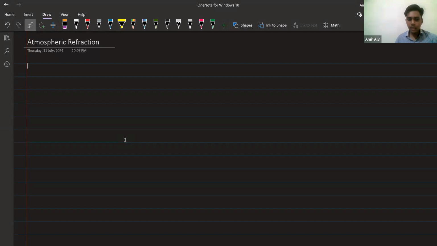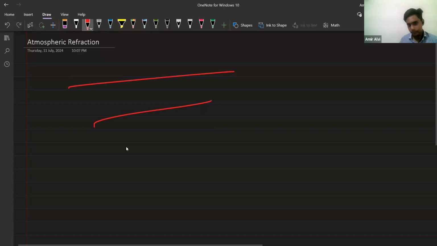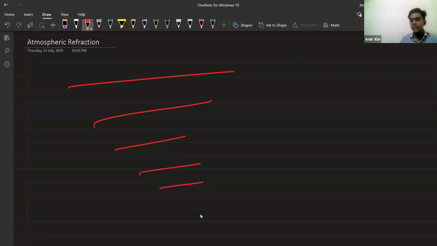Yeah. Sure, that's good. Okay, now let's understand what basically atmospheric refraction is. You must have heard about this. Let me draw something. Suppose this is the atmosphere. Our atmosphere has many layers. I don't know the proper sequence of the layers. One is the troposphere, which is the lowest layer, I think, just above our head.